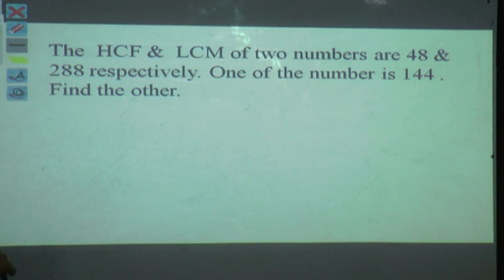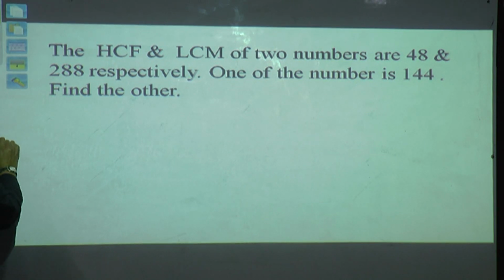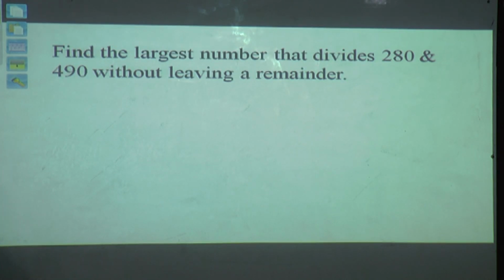So I think you have understood, because there are many related story problems that you can try on your own. One more here, we have an example, a story problem: find the largest number that divides 280 and 490 without leaving a remainder.